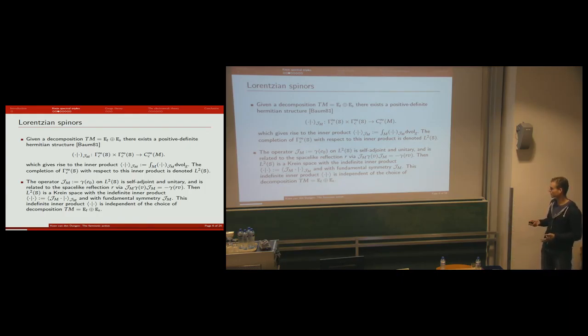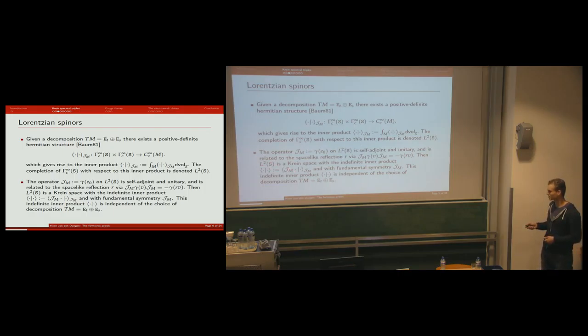This is a self-adjoint unitary operator on L2 of S, and it's also quite neatly related to the space-like reflection defined on this decomposition. In fact, this turns out to be a fundamental symmetry of L2 of S. So we can define the indefinite inner product on L2 of S just by plugging the fundamental symmetry into the positive definite inner product.